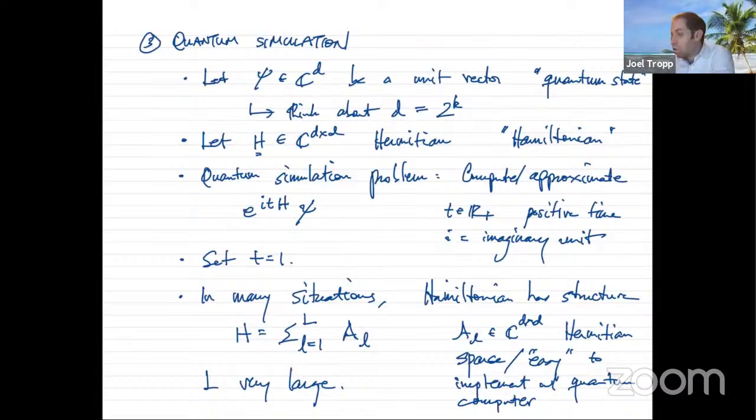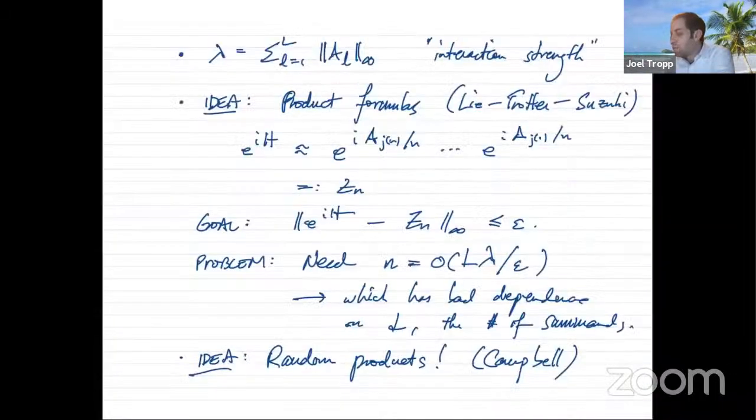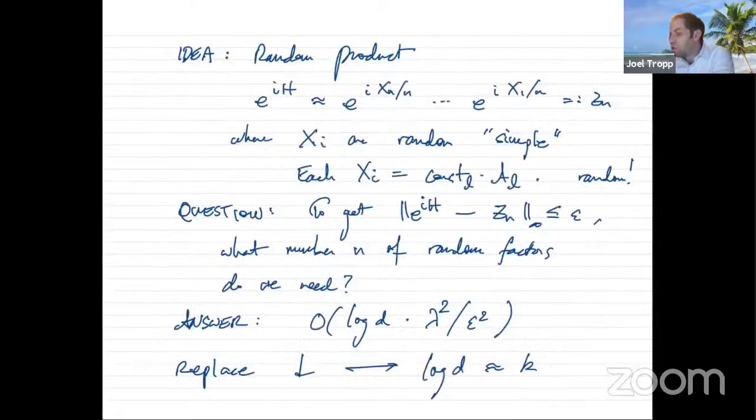One way to do that is just to take the individual summands in a careful order, scale them down, and multiply all these little unitaries together to approximate the big unitary that we care about. Another approach is to choose random terms A_L from the sum, and then rescale them and multiply those unitaries determined by the random choices of terms from the sum.